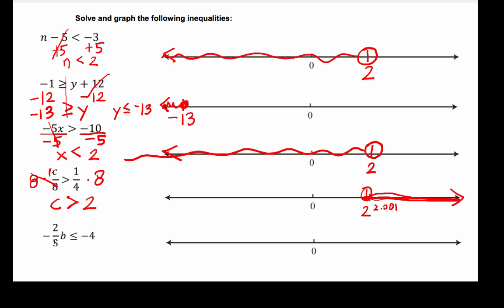Our last example, we have a fraction in front of a variable: -2/3 times b less than or equal to -4. The opposite of multiplying by b is to divide by b, and one way to think about this is we could go ahead and divide by 2/3.